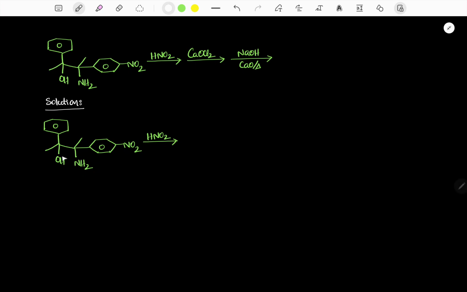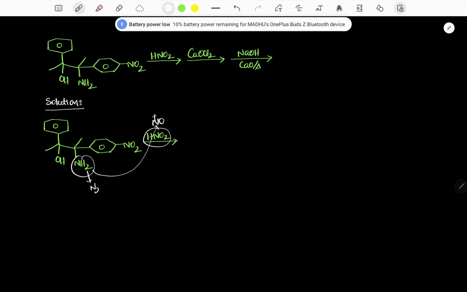The reactant has three functional groups: alcohol, amine and nitro. When it is treated with HNO2, from HNO2 we get NO plus. So NH2 reacts with NO plus, and NH2 will be converted into N2 plus.